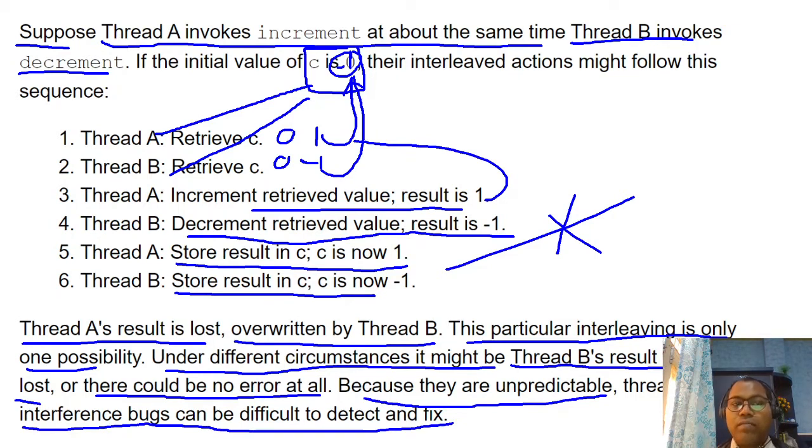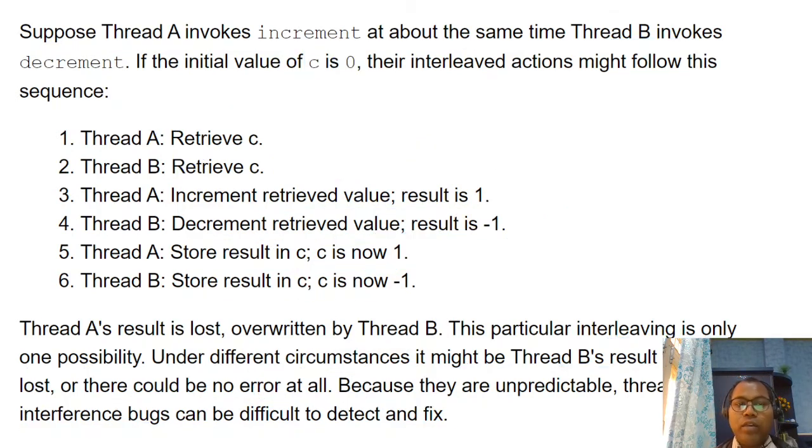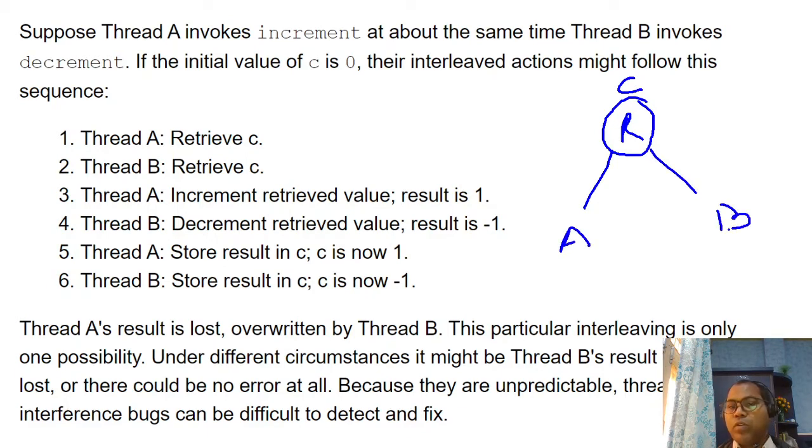So this kind of interleaving problem happens when you try thread communication using shared resources. In the case of our counter, the counter is accessed by thread A and also by thread B. The possibility is that you get a thread interleaving problem. In some circumstances you get a problem, in some circumstances you do not, and your output would be the same.